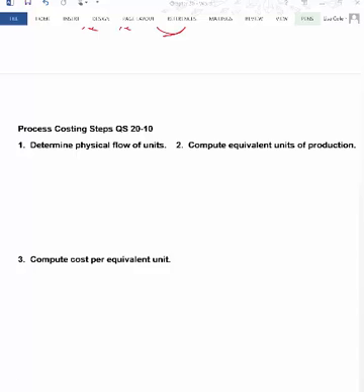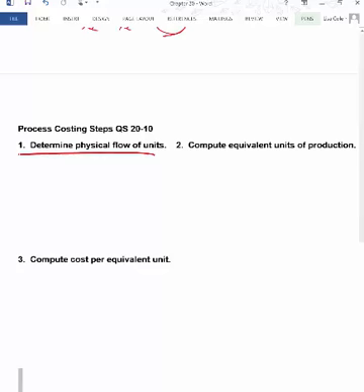Looking at this problem, we have a company with two manufacturing departments, assembly and painting. In the assembly department, they started 10,000 units in November. The production activity and unit information is given here on page 872. We first want to determine the physical flow of units.